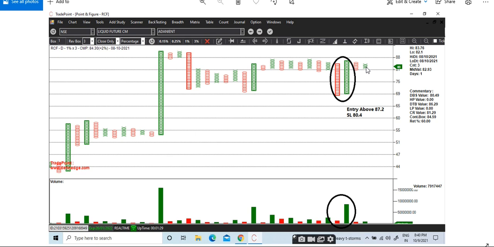Now, if the stock goes above 82.2, we will have a valid Climax pattern wherein a bearish anchor column is negated by a bullish anchor column with huge volumes. If you see the volumes here, you would understand this. And the stop loss is okay. I mean, stop loss is in the range of 10%.